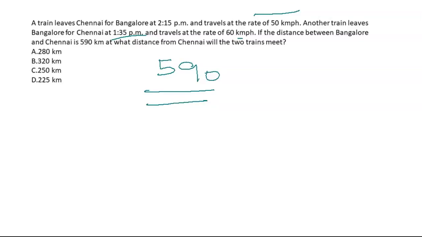Okay, so let's get started. A train leaves Chennai for Bangalore at 2:15 p.m. and travels at a speed of 50 kilometers per hour. Another train leaves Bangalore to Chennai at 1:35 p.m. and travels at 60 kilometers per hour. The distance between Bangalore and Chennai is 590 kilometers. At what time, what distance from Chennai will the two meet?